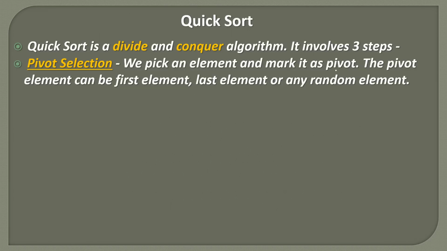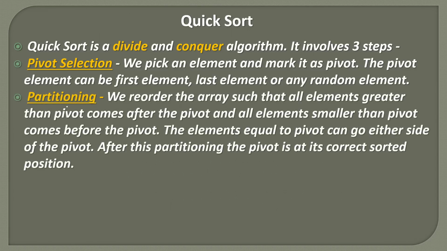Now after taking a pivot, we partition the array. By partitioning we mean that we reorder the array such that all elements greater than the pivot come after the pivot, and all the elements smaller than the pivot come before the pivot. The elements equal to the pivot can go on either side of the pivot.